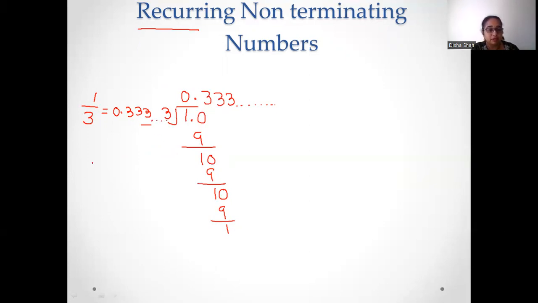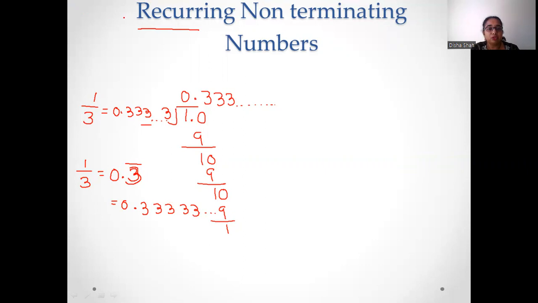So 1/3 can also be written as 0.3 with a bar sign. यहाँ पर एक line बनानी है. What does this mean? This means that this number 3 is getting repeated. यही 3 number जो है वो repeat हो जा रहा है. And hence it is called recurring non-terminating numbers.